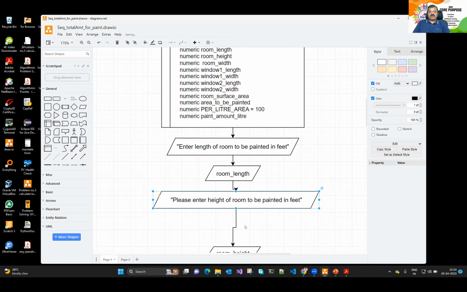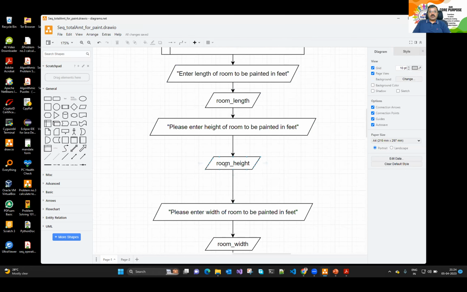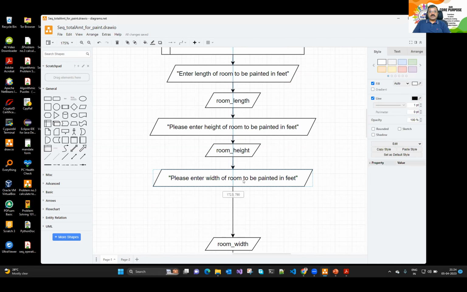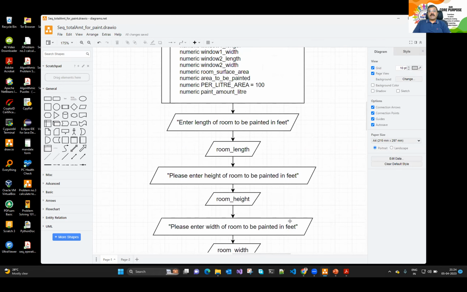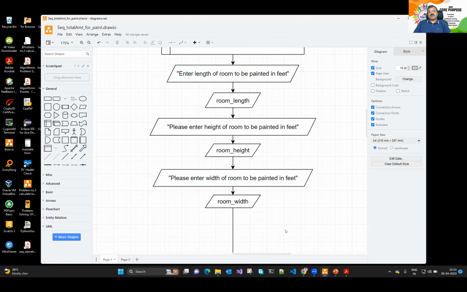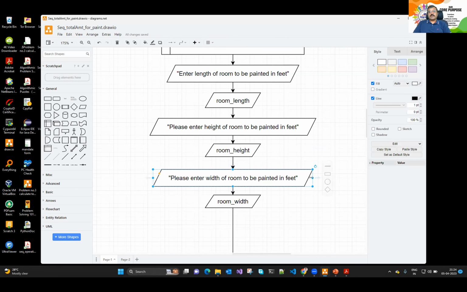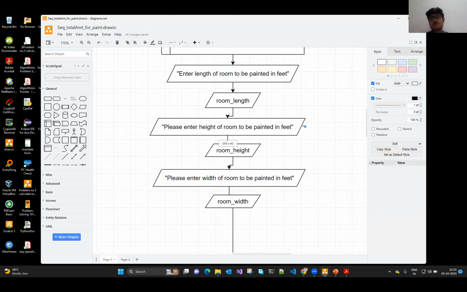Then enter the height of the room to be painted in feet. So once the length is calculated, now the height is calculated. Then the next one says enter the width of the room to be painted in feet. Okay, the width of the room is also calculated. Now look, once you have calculated this, this much information was good enough for you to calculate the area of the room. Yes or no? Bhageshji? Yes, sir.